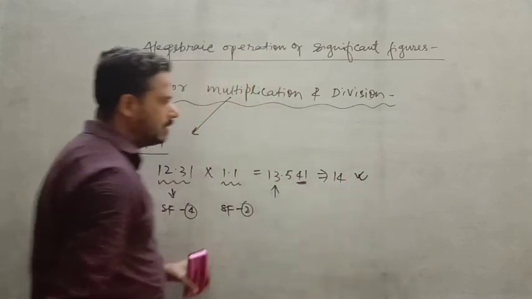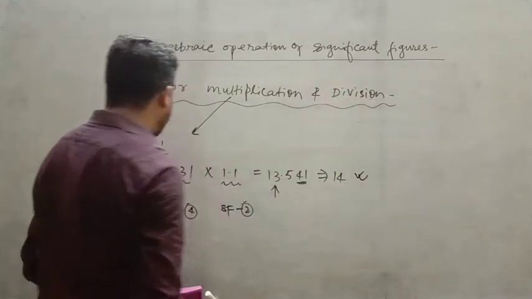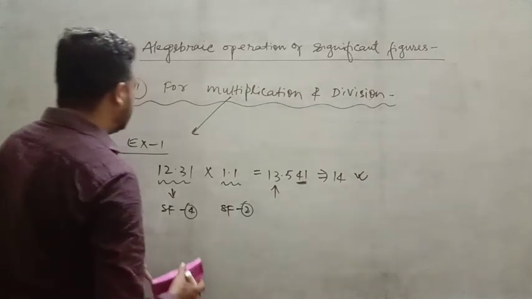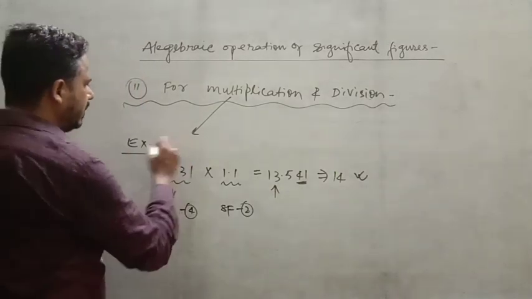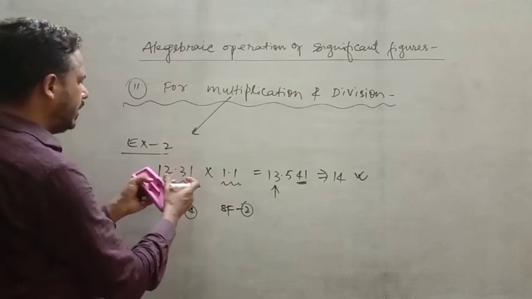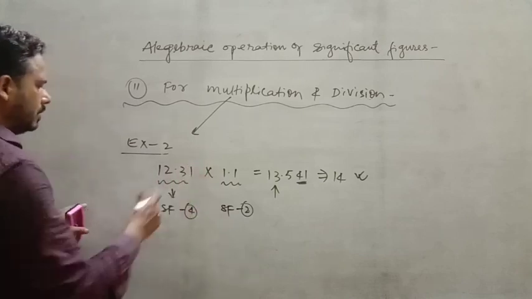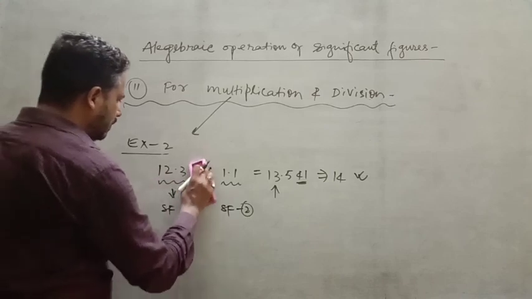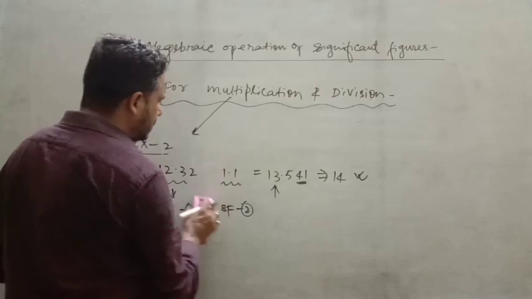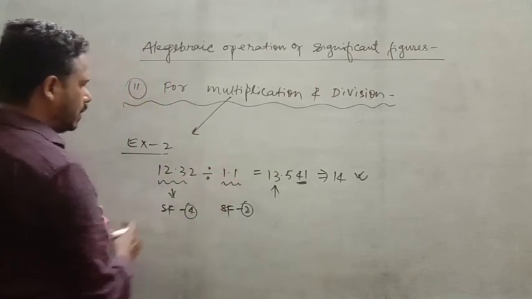Okay. Simultaneously, we will take another example for division. So if you want to take an example for division, just take a different example. So the first number is, suppose, 12.32. Just take 2 here, otherwise 1 would be there, otherwise you take 2 for complete division. If this one is divided by 1.1, alright.